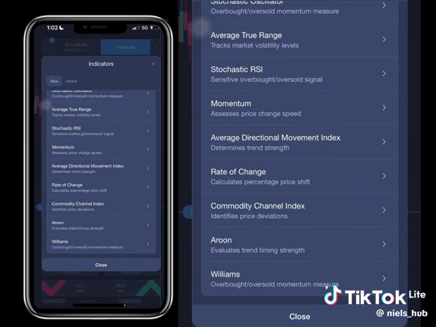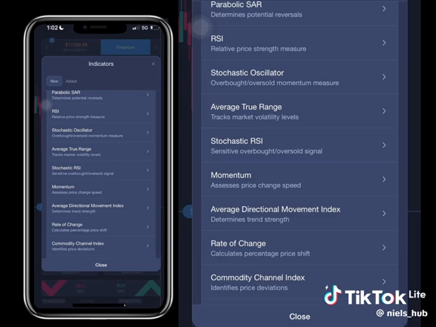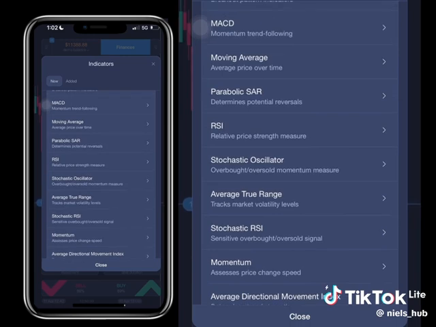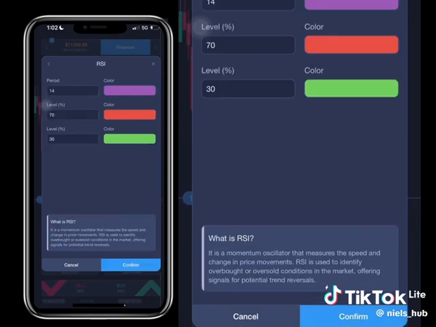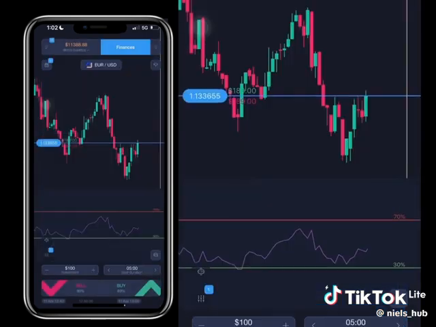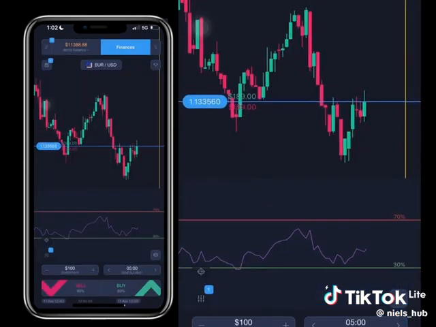There are different ways to use them. I have made several videos about some of these indicators, especially MACD and RSI. This is RSI, Relative Strength Index. When you tap on it and you want to add it to your chart, you can just go ahead and confirm with these standard data, and you can see RSI has been added.